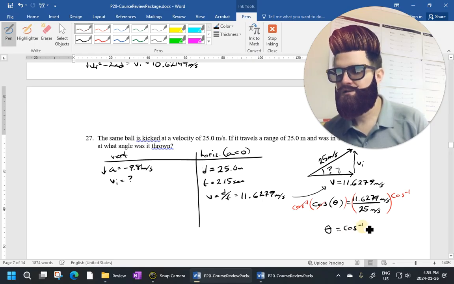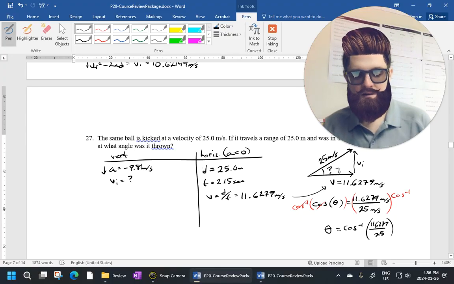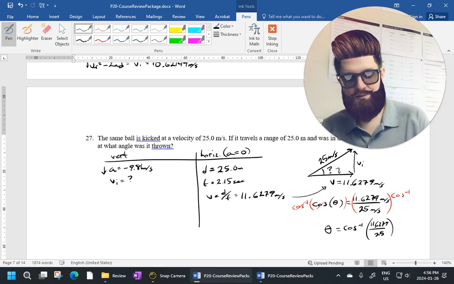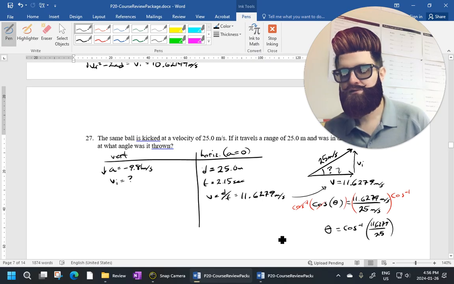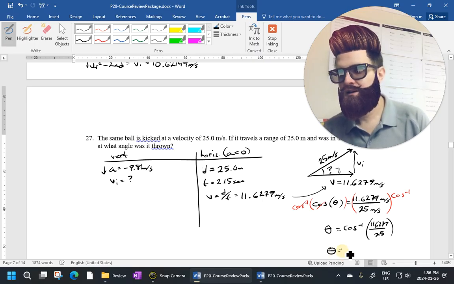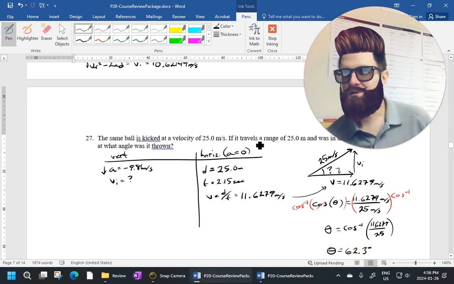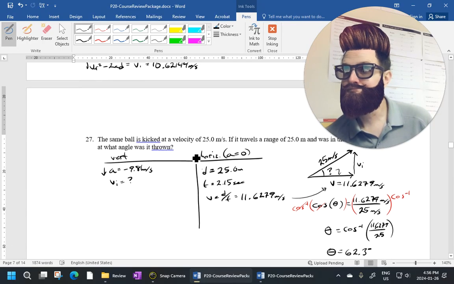So I do cos inverse of 11.6279 over 25. There are no units in the work because they crossed off. Using my answer from my previous question with all the decimals I can, divided by 25, I get an angle of 62.3 degrees. Just make up the sig digs when it comes to angles, really.